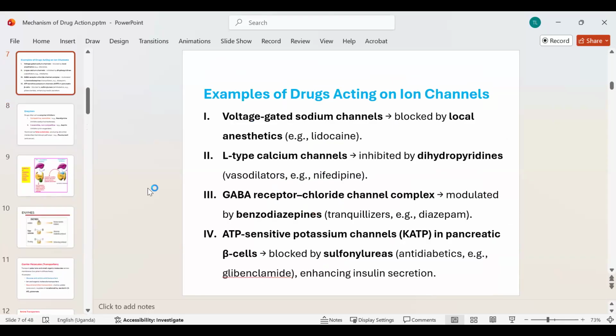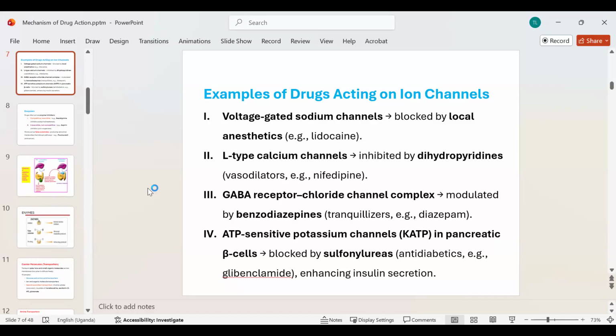There are quite a number of drugs that bind to this receptor and modulate it. We know drugs which we call major tranquilizers. We know drugs we normally call minor tranquilizers.